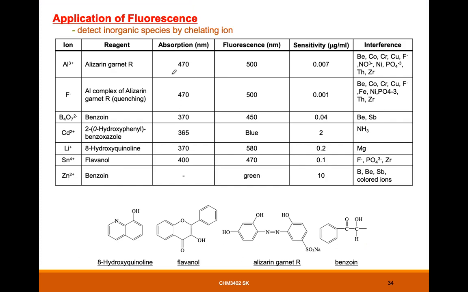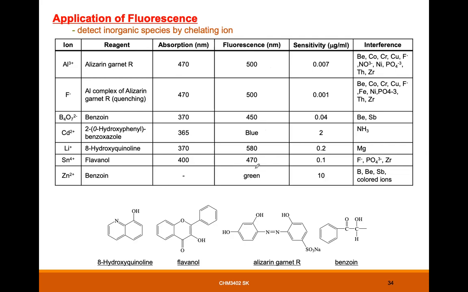These are the excitation wavelengths. So you can key into the instrument the excitation wavelength, and then you will get the fluorescence or the emission spectrum. And this is the emission wavelength.